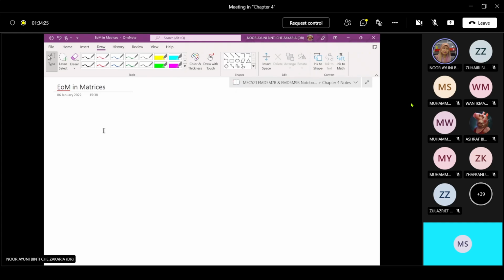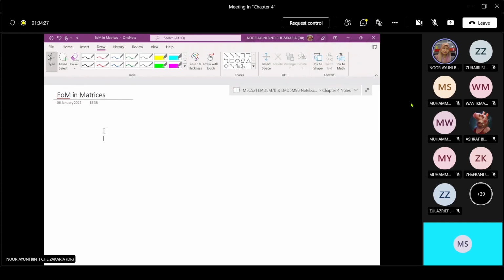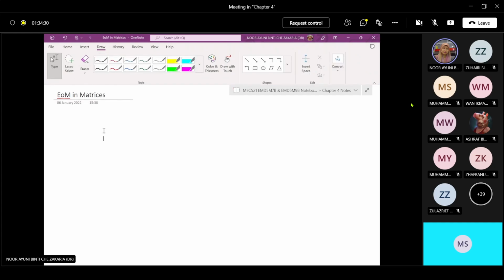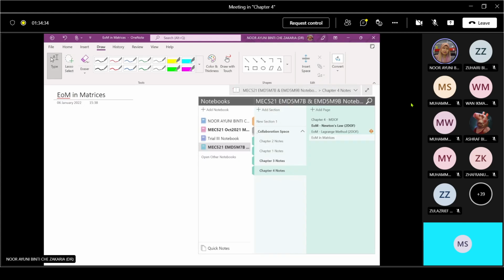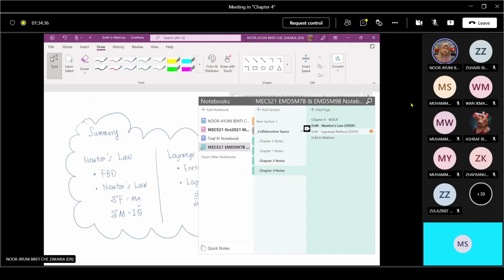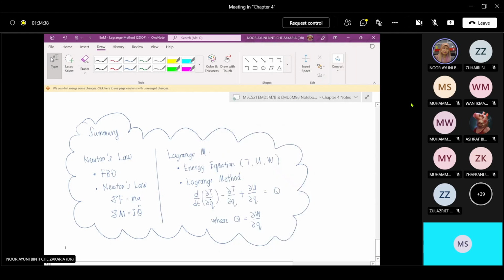We have another 20 minit lagi. Sempatlah. So this one is very simple. Okay, saya ambil je daripada equation of motion that we have done previously.